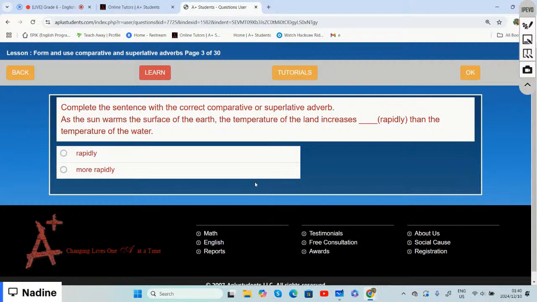Do we say option one, rapidly, or option two, more rapidly than the temperature of the water? Which one is correct?